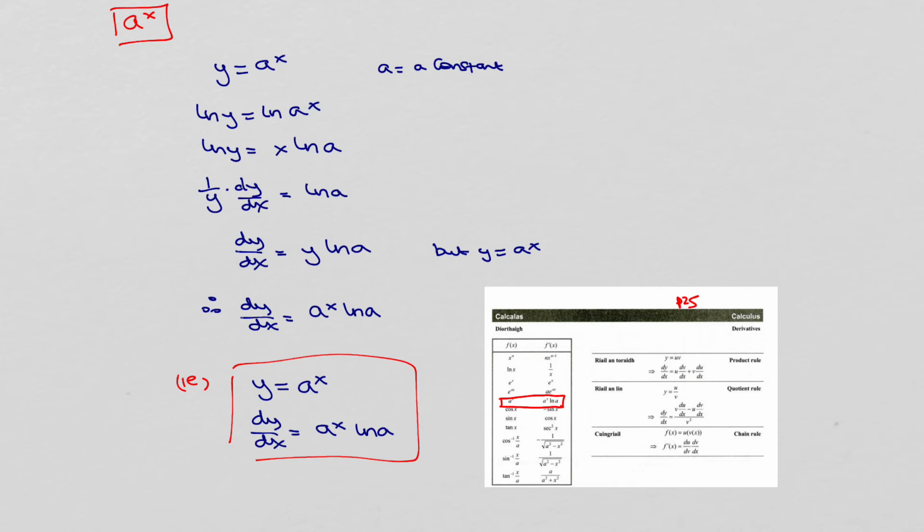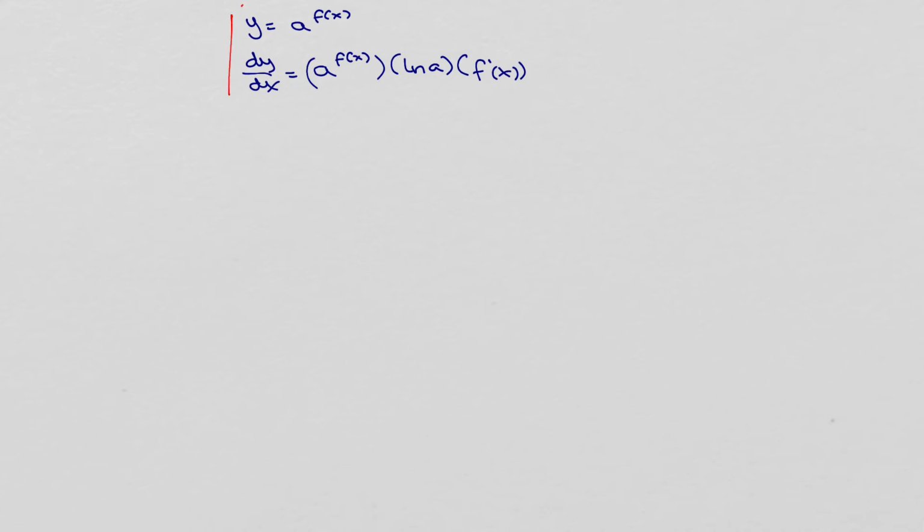If we have a look at an example, we could often find ourselves having y equals a to the power of a function, in which case the derivative would be a to that function of x times natural log of a times the function differentiated. So if we were given y equals 2 to the x, our constant here is 2.